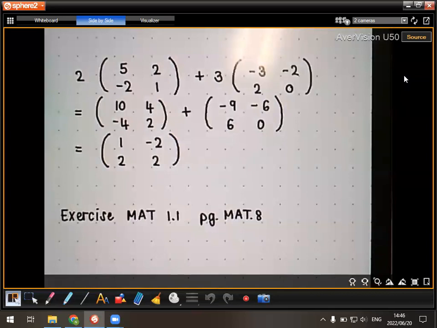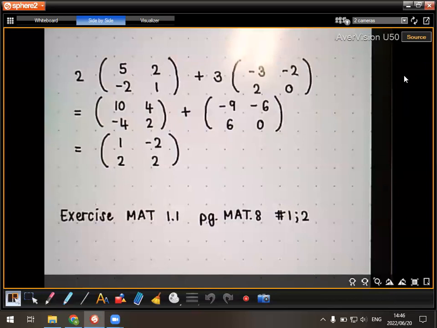So don't stress about that too much. It also says exercise matrices 1.1, I'm assuming. And when we get to graph theory later on, it says exercise GT.